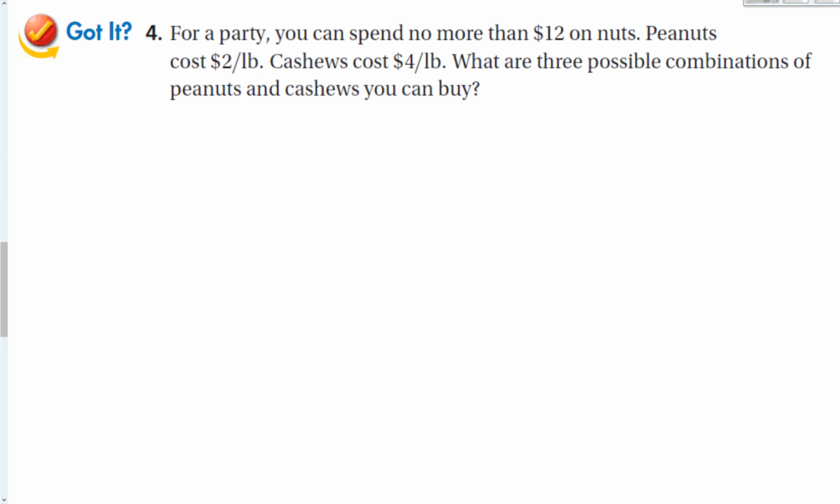Same setup here. I just want to set this one up for a party. You can spend no more than $12 on nuts. Peanuts cost $2. Cashews cost $4. So we would set this up as, there's my limit, 2x plus 4y is equal to 12. Getting the y by itself, whoops, I always do that, less than or equal to, right?